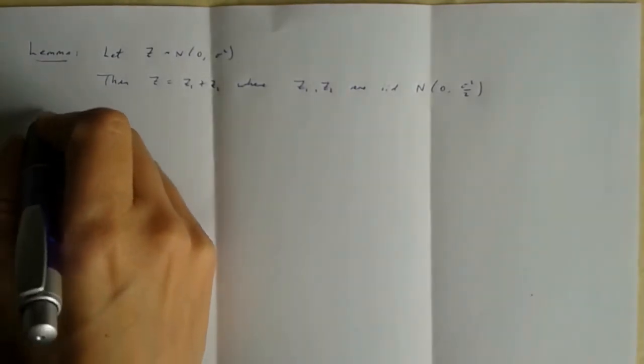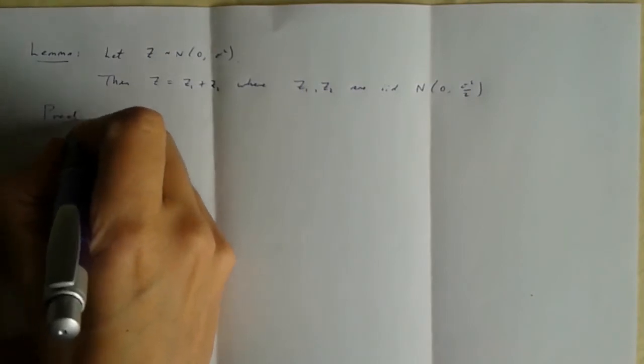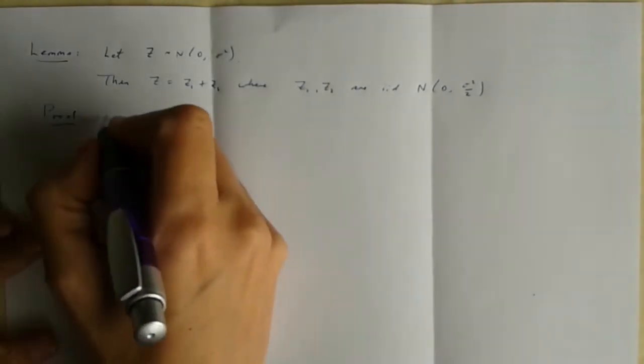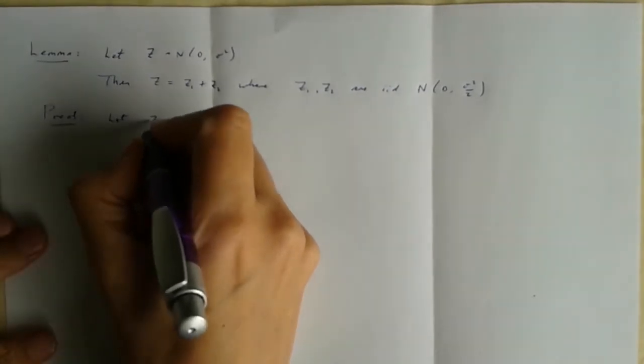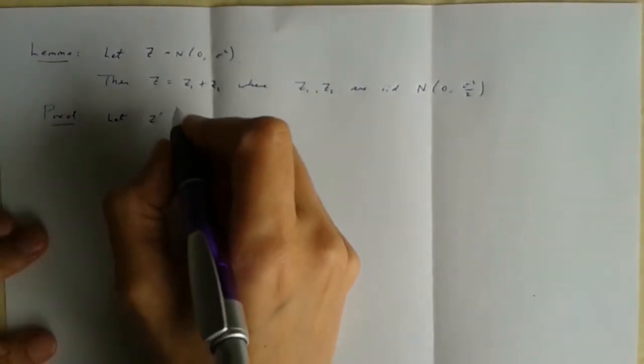And this is really easy to do as long as you accept that we can always make up new random variables that are independent of any random variables that we've thought of so far. In this case, all we have to do is make up one new random variable, call it Z prime.